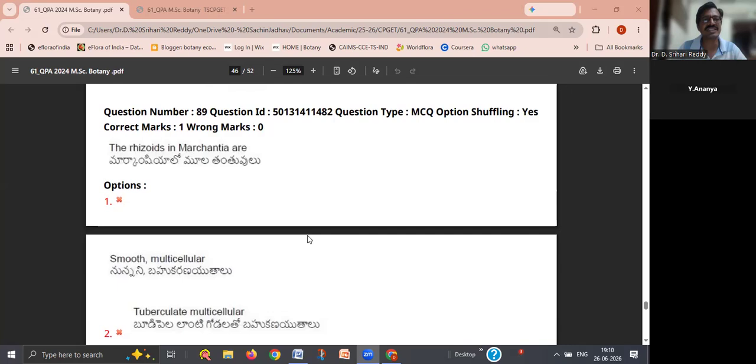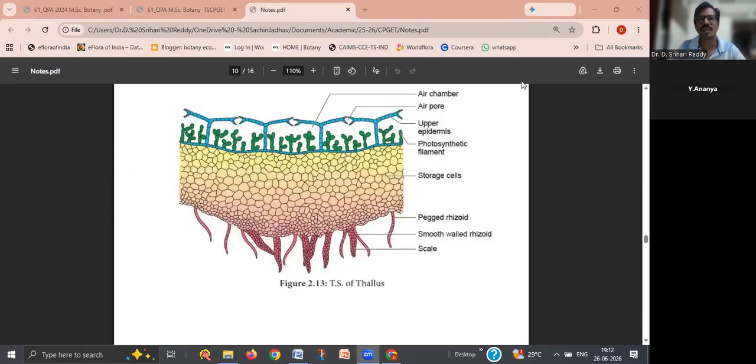And the next one is: the rhizoids in Marchantia are... In Marchantia, you see the diagram of the Marchantia here.